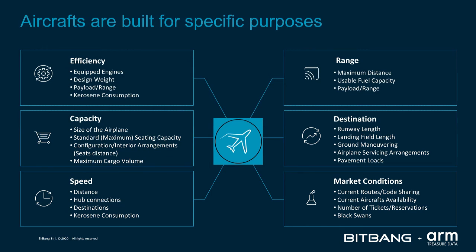They need to switch amongst different aircraft to solve a specific use case based on range, number of passengers who booked, market conditions, which also include the length of the airport and the current aircraft availability and so on. So they are flexible and agile enough to plan for everyday use cases, and they have a lot of variables.